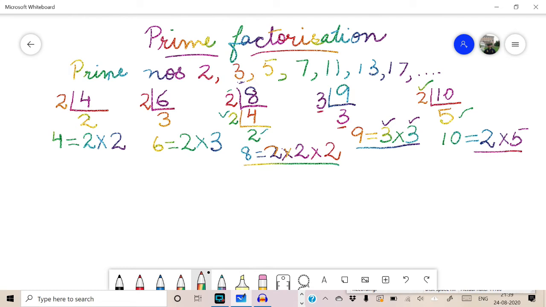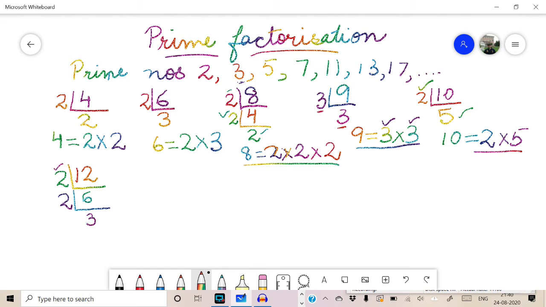The next composite number is 12. Now the smallest prime number with which 12 can be completely divided is 2. 2 6s are 12. Now 6 is a composite number, so we will again divide 6 by a prime number. 2 3s are 6.